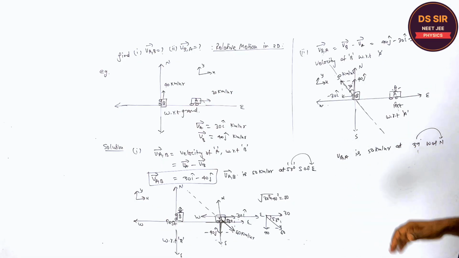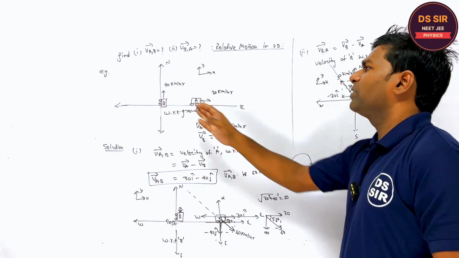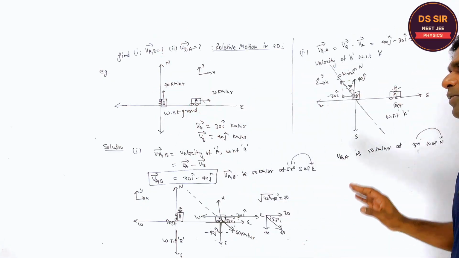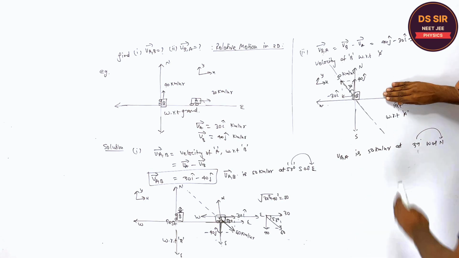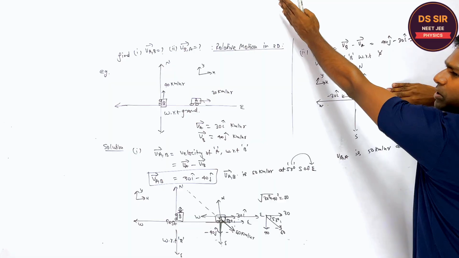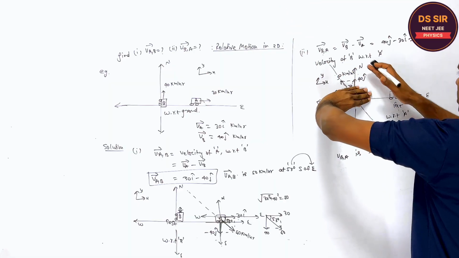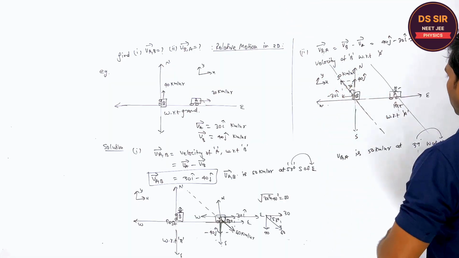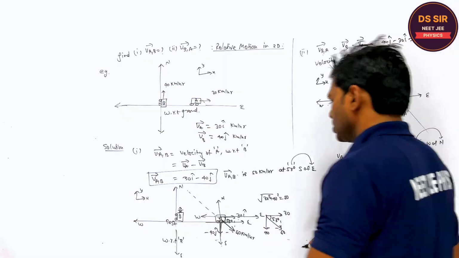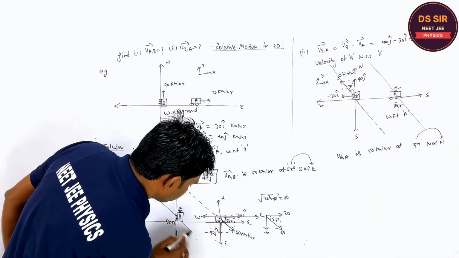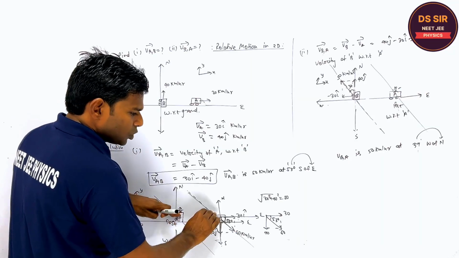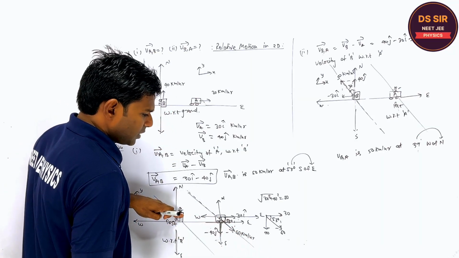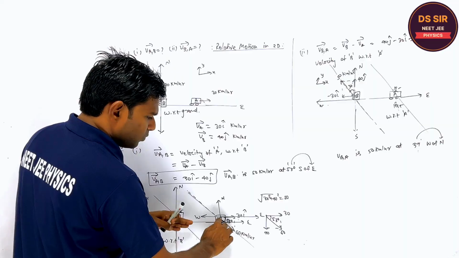Listen one thing. This is the relative motion. Although with respect to ground it is moving in this way, with respect to A it is moving in this direction, and with respect to B it is moving in this direction. So when you observe this car with respect to B and with respect to A, it is moving in these directions.